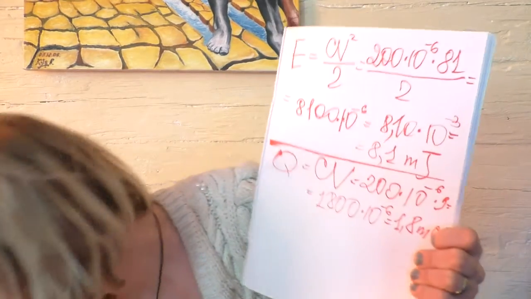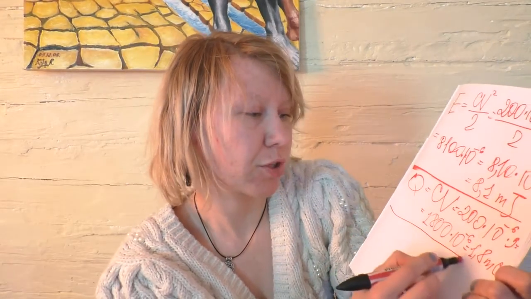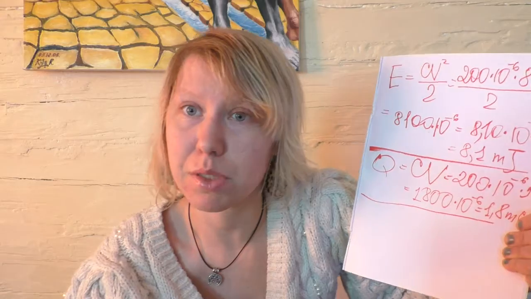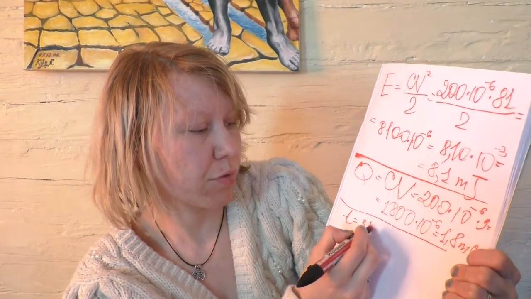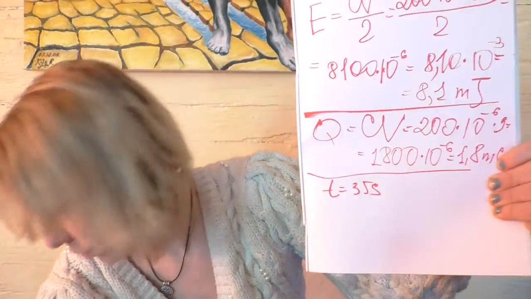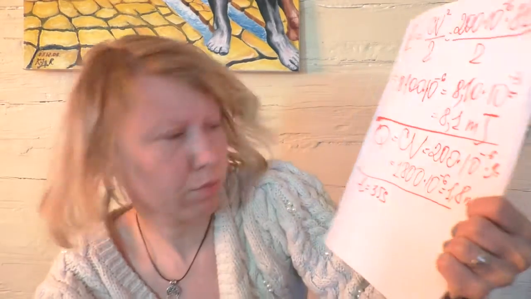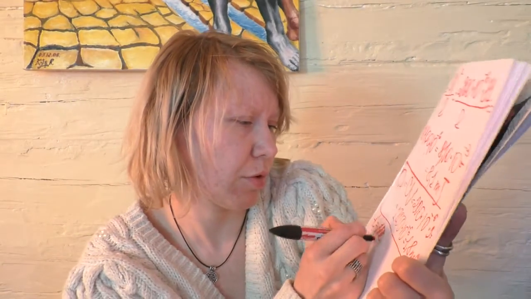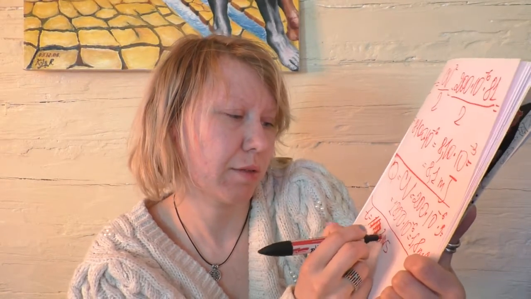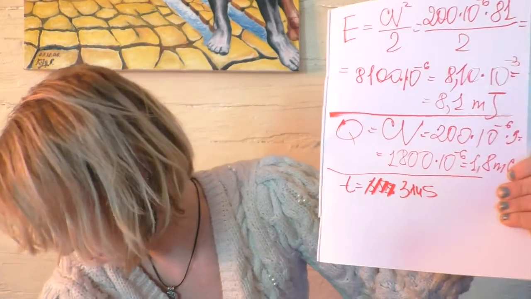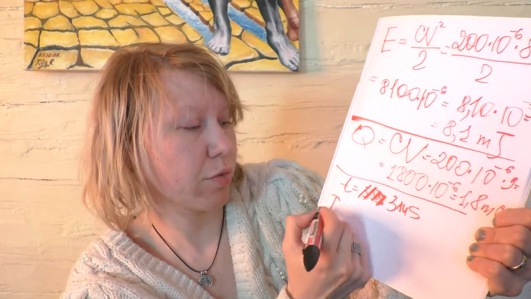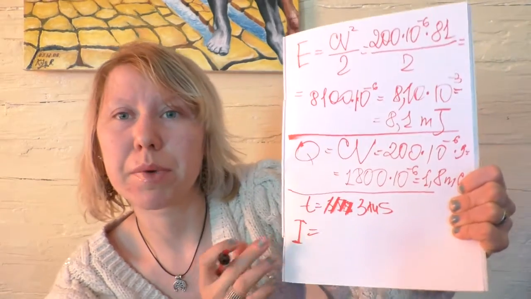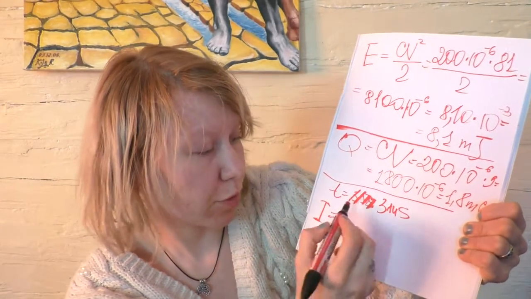The next point, for example, we have additional information about the time needed to discharge the capacitor. The time can be 35 seconds, for example. No, not 35, 3 milliseconds. And we need to calculate the average current for that. So we need to remember the equation for current.